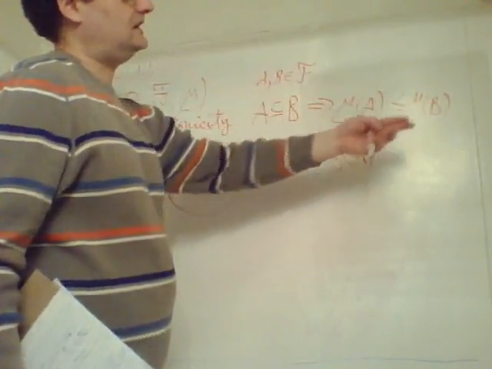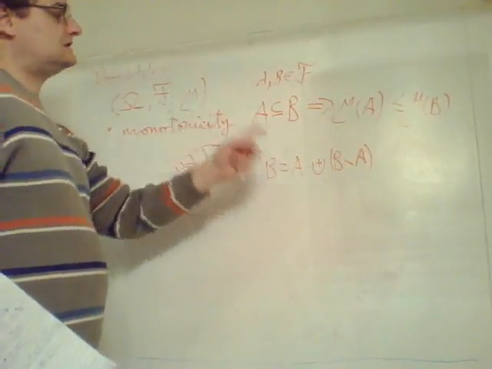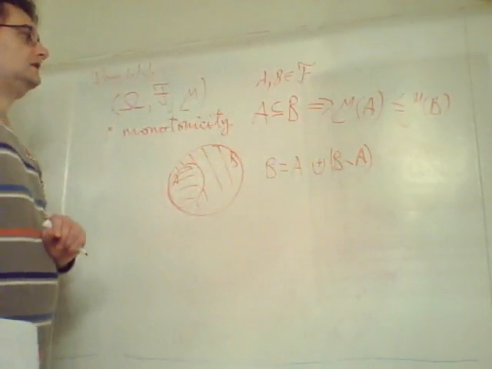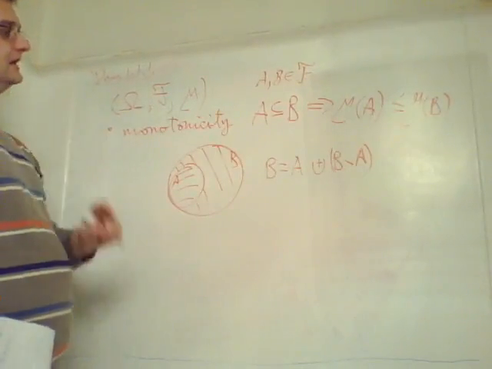It is defined, and mu of B is also defined. And since F is a sigma field, B minus A is also in F, which means mu of B minus A is also defined.